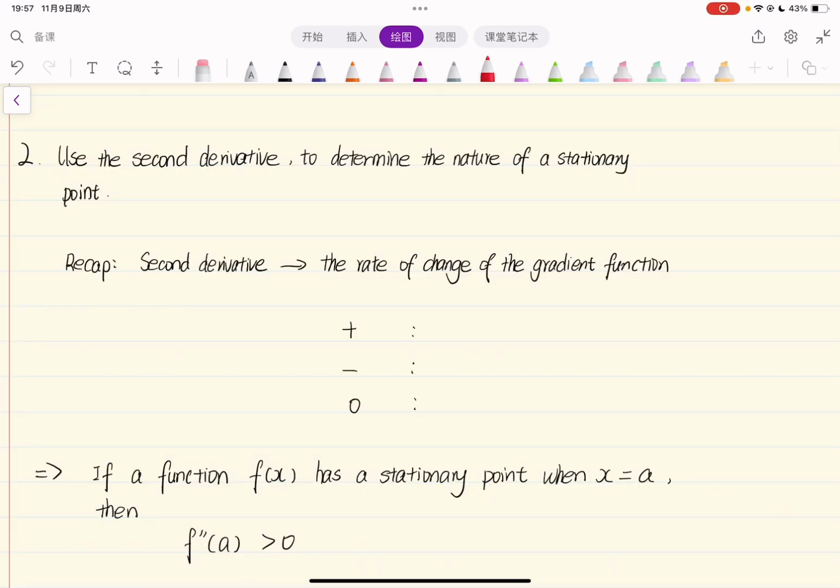The second way to determine the nature of a stationary point is that we can use the second derivative. Recap that the second derivative means the rate of change of the gradient function. If we have a positive second derivative, it means that the gradient is increasing.